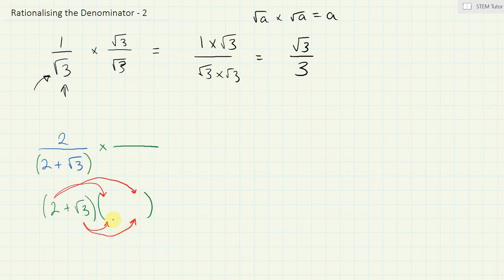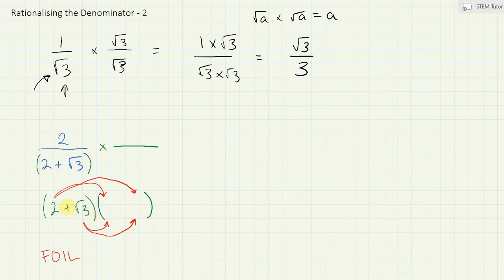If this is new to you, just remember FOIL: F is first in the brackets, O is outer, so the outer terms, I is inner, so the inner terms, and L is last, so the last terms.